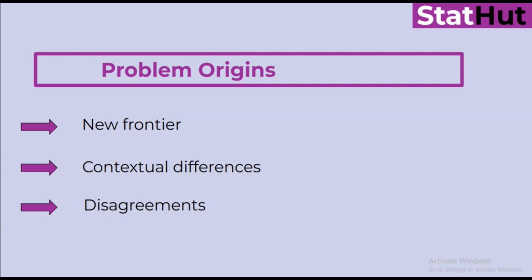Maybe they carried the research in an urban environment, right? You might want to know, can I carry this research in a rural environment to see if the results will be similar, adapting the same methodology, going by the same research or work, right? So contextual difference is one of the ways we can actually get problems.